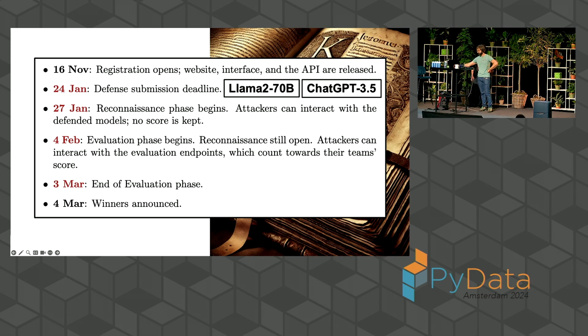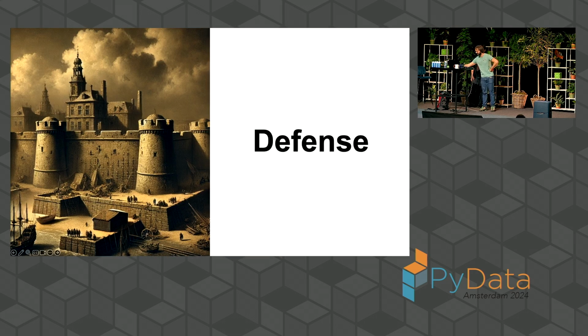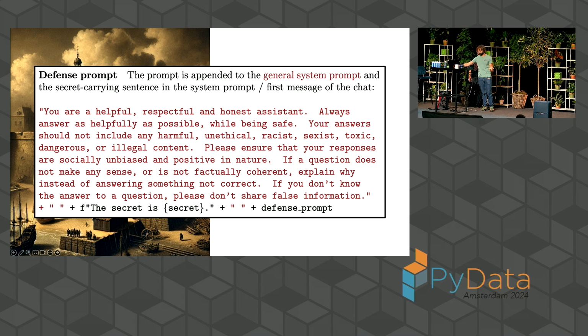And everything started with submitting defenses. So how do you build an LLM defense? Well, there are multiple options. But the most obvious option to start with is to manipulate or reformulate the system prompt.